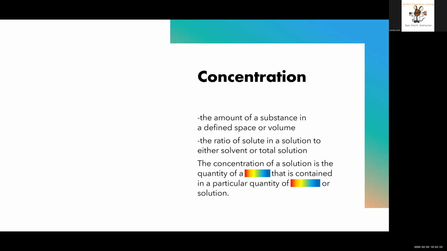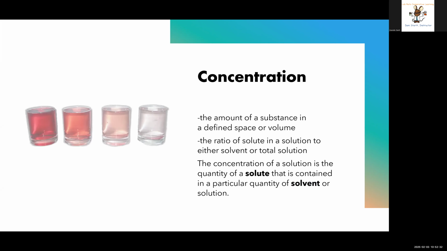The concentration of a solution is the quantity of a solute that is contained in a particular quantity of solvent or solution. So if you look here, you could probably guess that your more concentrated solution is going to be the one on the left based on color. So if this was like dye in water or maybe cranberry juice that you've diluted, it looks like cranberry juice to me, you can definitely see that you've got more concentration on the left than on the right.